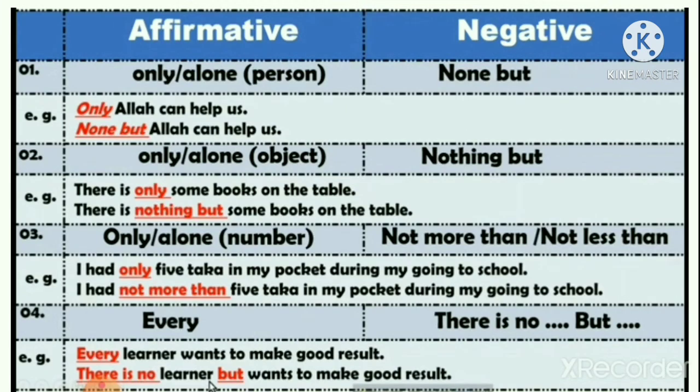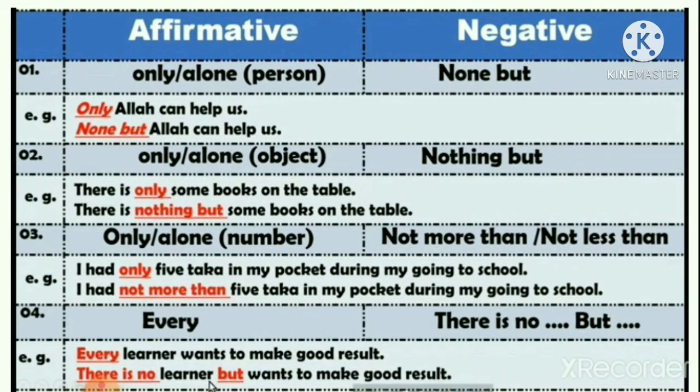Here are some examples. Okay, only. Affirmative sentence: only Allah can help us, so negative will be none but Allah can help us. Okay, if only means object, there is only some books on the table, so we can change it into negative: there is nothing but some books on the table.